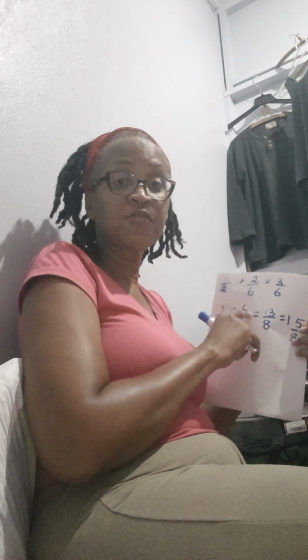So in all, I give away a whole apple. I only needed 1 more piece to make 1 apple, but I give away 6. So I already have the whole apple, Johnny's share plus 1 piece. And then I have 5 pieces left back out of that 6. So 1 and 5 over 8.